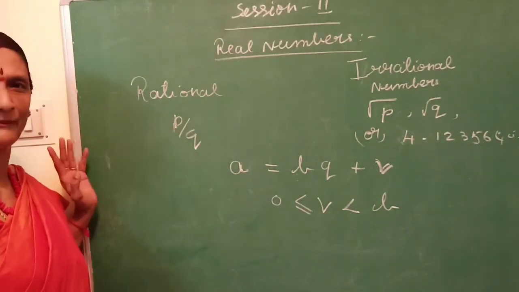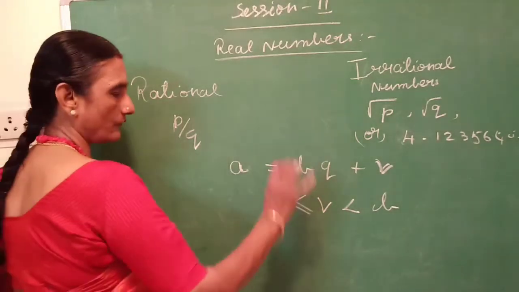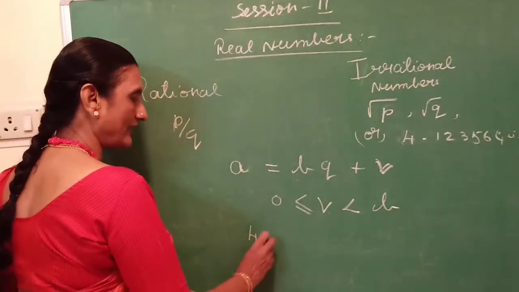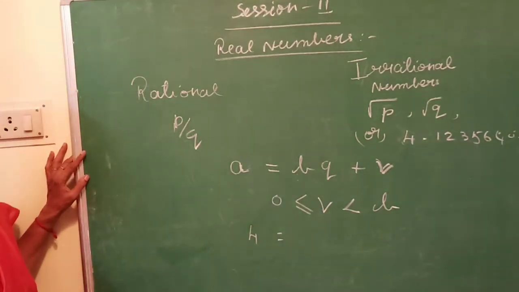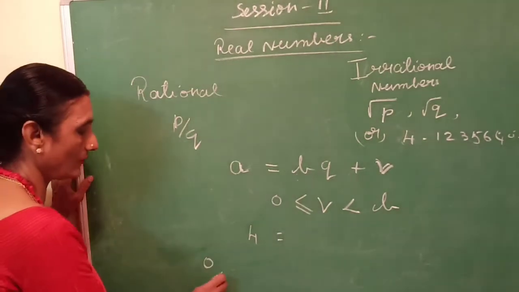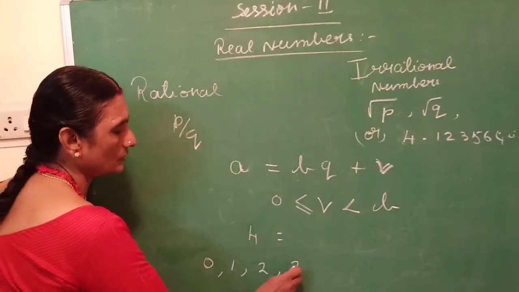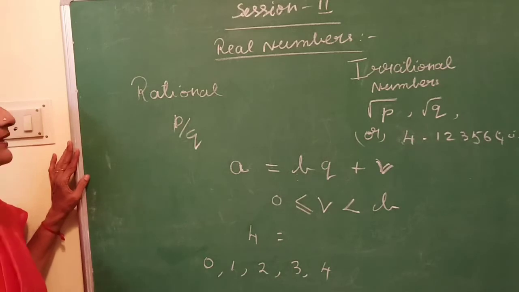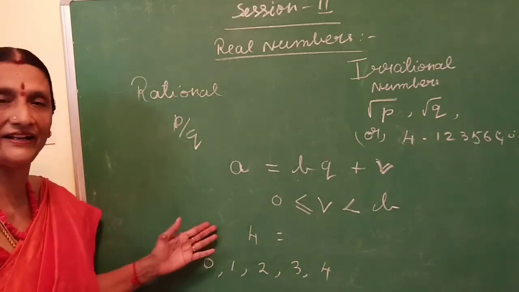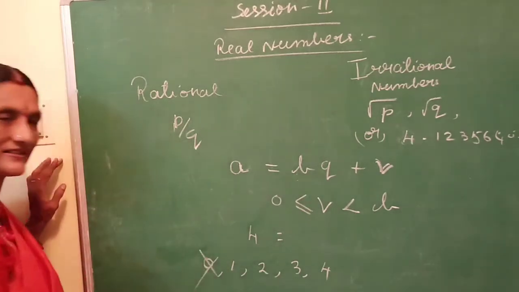Now, if you look at this, it has an analogy with the division algorithm. Take any number, for example 4. What are the possible divisors of 4? We can have 0, 1, 2, 3, 4. Obviously we cannot divide any number by 0, so let us not take 0.